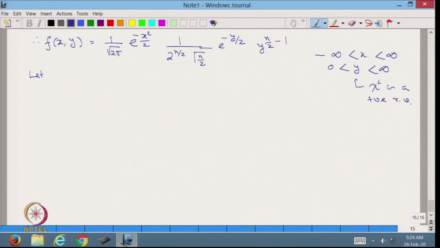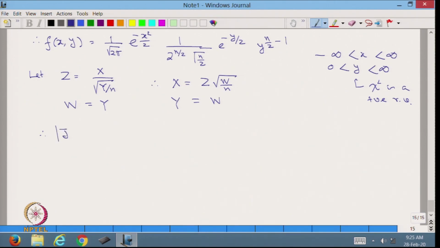Let z is equal to x upon root over y by n and let w is equal to y. Therefore, x is equal to z into root over w by n and y is equal to w.